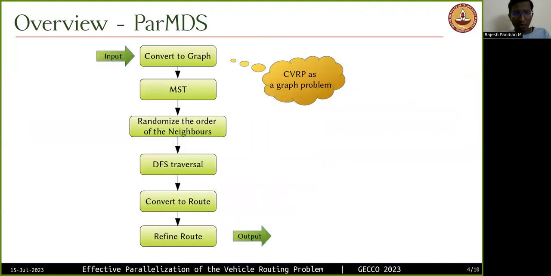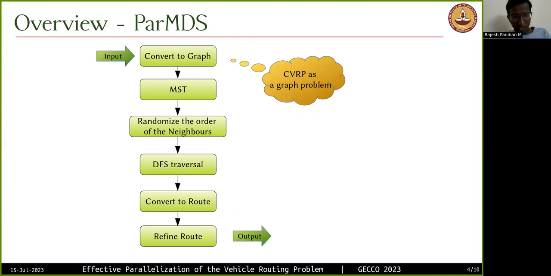This is an overview of PAR-MDS. The input for the CVRP problem, we convert into a graph. Basically, we convert the CVRP instance into an edge-weighted complete graph. We run MST on it. We use Prim's MST algorithm to compute the minimum spanning tree. On the MST, we randomize the order of neighbors.